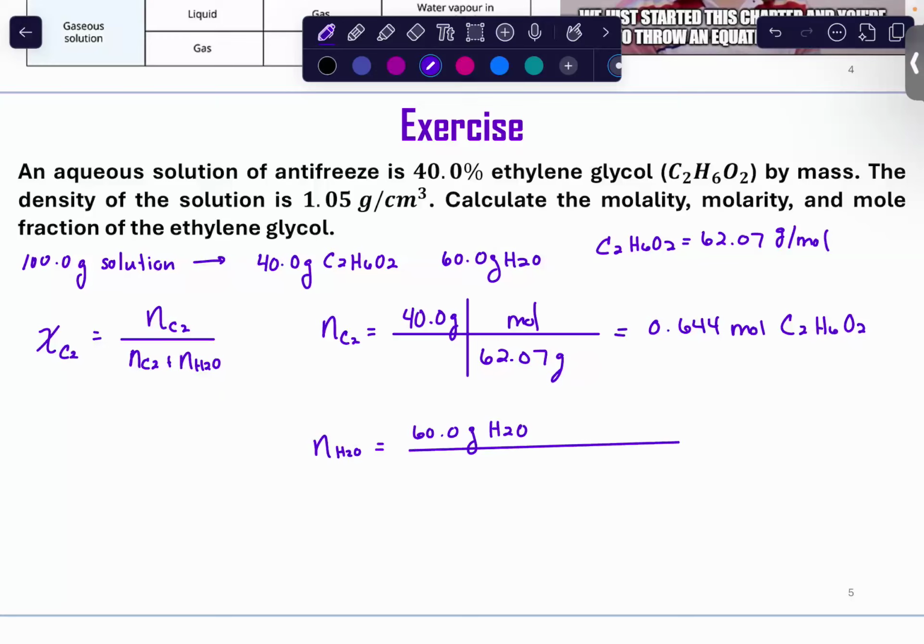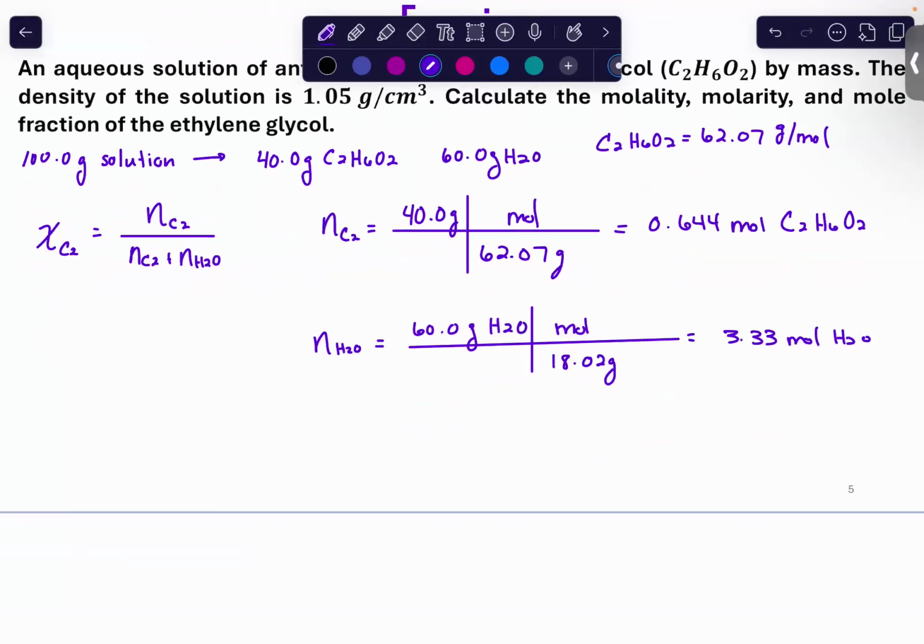I'm hoping by now you're starting to have some of these molar masses memorized. Does anyone remember what water is? 18.02. So give me 3.33 moles of water. All right, so our mole fraction then.